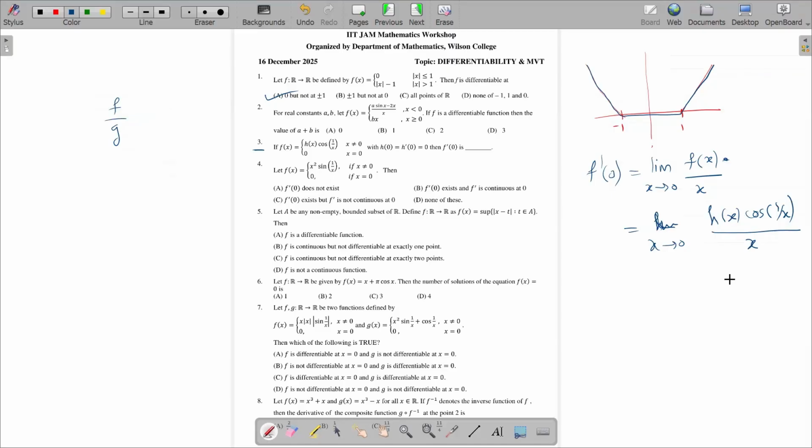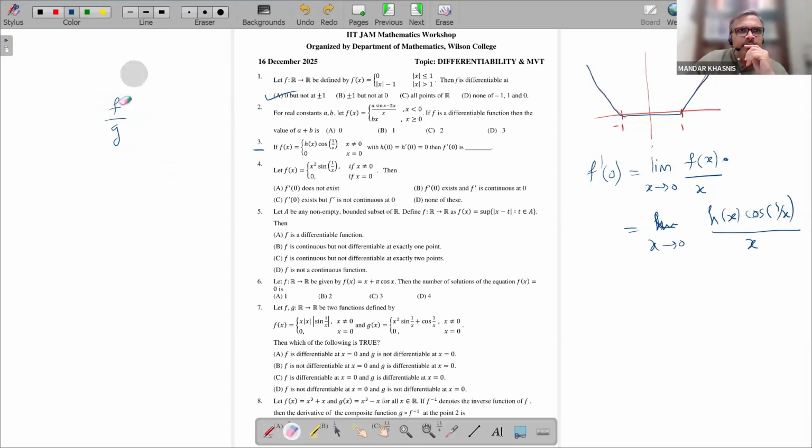Sir, if we take h of x as x raised to the power something which is greater than 2, then it will satisfy all the conditions. Yeah, but the point is the question is a general question. You can't take h x as something. You have this information, and this information is more than enough to talk about f dash zero.